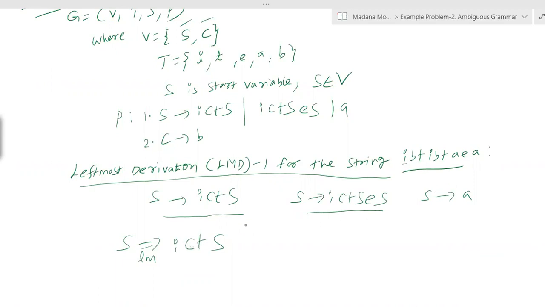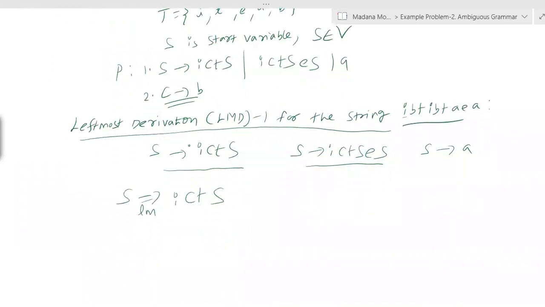See the string after terminal I, then we want B. So in place of C compulsory, you need to substitute B only. Here we have C derives B. Only single production is there. That only you need to substitute here. Now this becomes I, B, T, S. Here what is the substitution we used? C derives B.